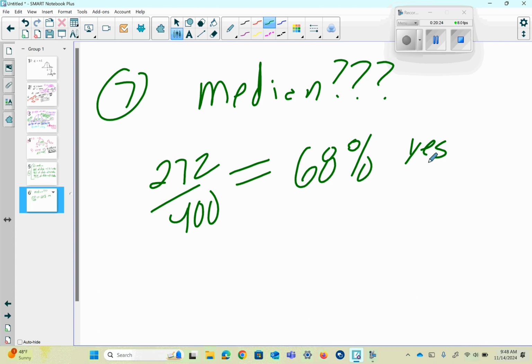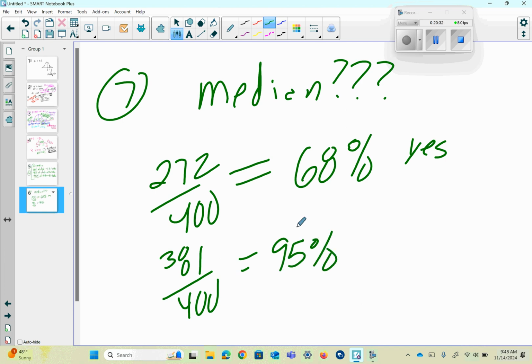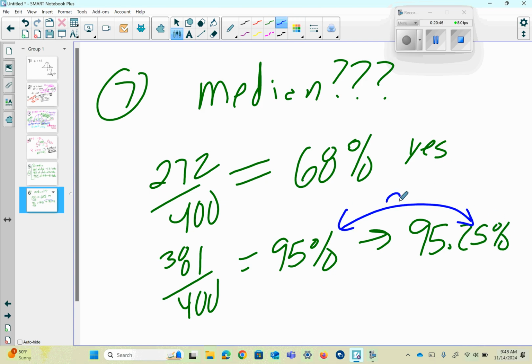And then 381 out of 400, I want this to be equal to 95%. So 381 divided by 400, and that comes to 95.25%. So I'd say this is very close. So it should be okay.